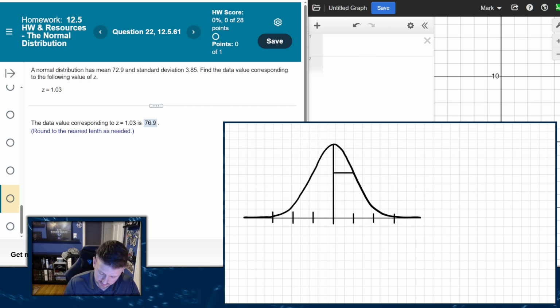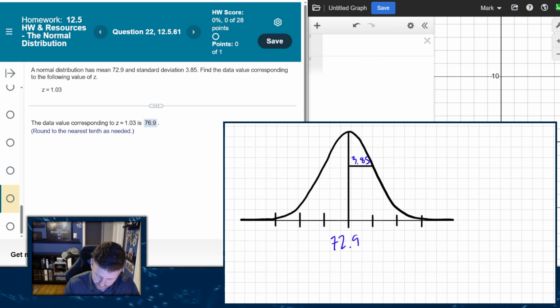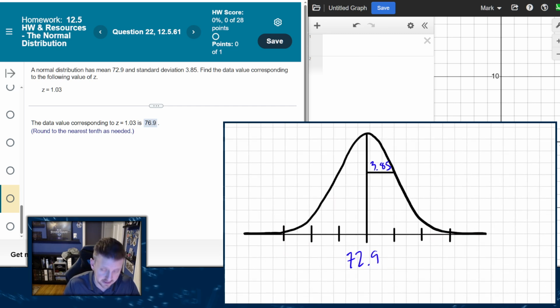So we're told that there is a mean of 72.9 with a standard deviation of 3.85. And we're told that there is a z-score of 1.03. So basically, like right here, just barely above this, 1.03. And I want to know what this value is, and I'm going to use x to represent it.